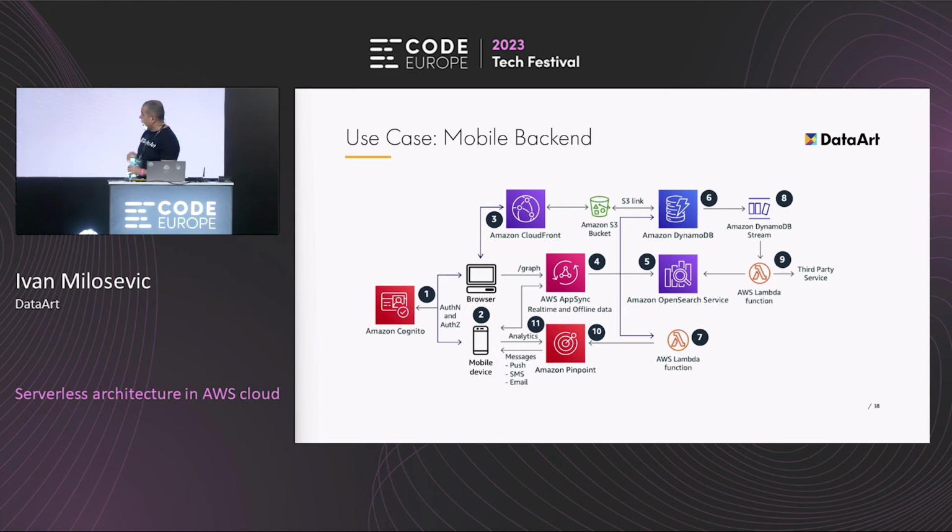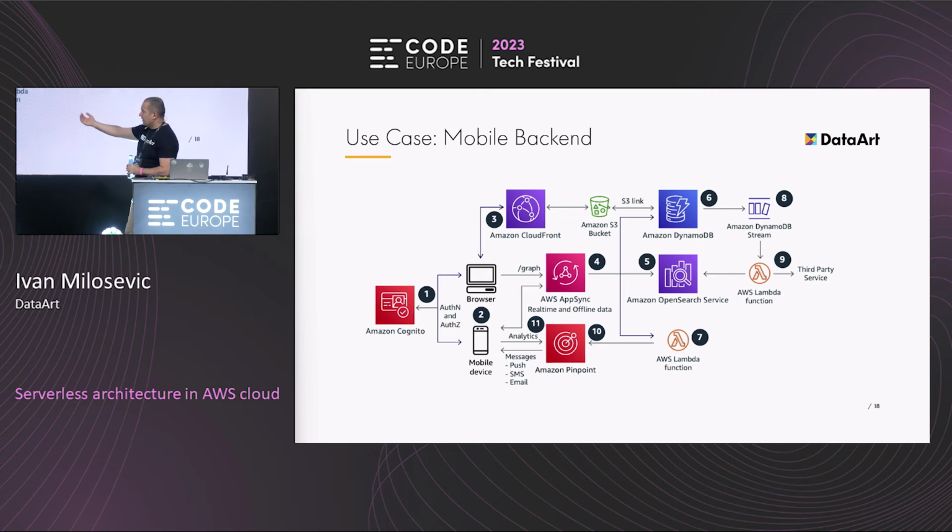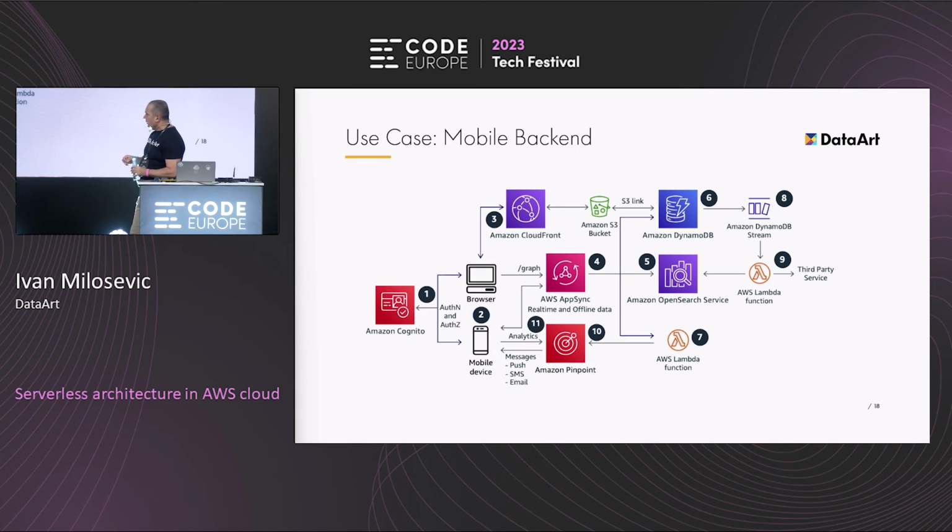And after authentication is done, regardless of whether it comes from a service or a consumer using a mobile device or browser, when that part is finished, you can go into AppSync, the GraphQL API, and navigate through some of the data available there.